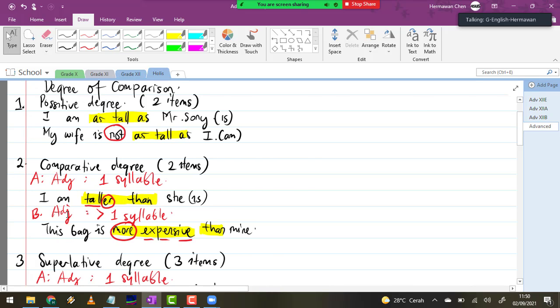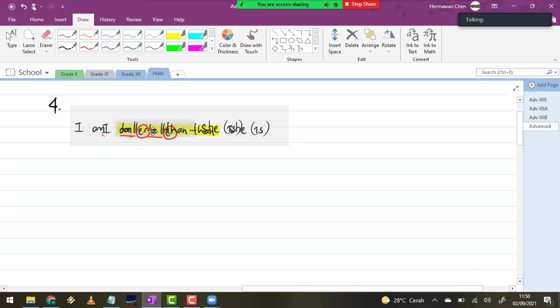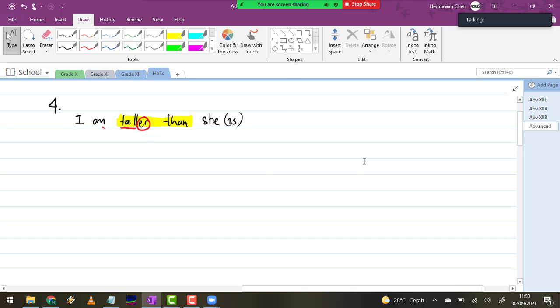Okay, for number 4, before I continue the explanation, have a look at this example, guys. The comparative. Okay, this is the standard comparison. The basic one.